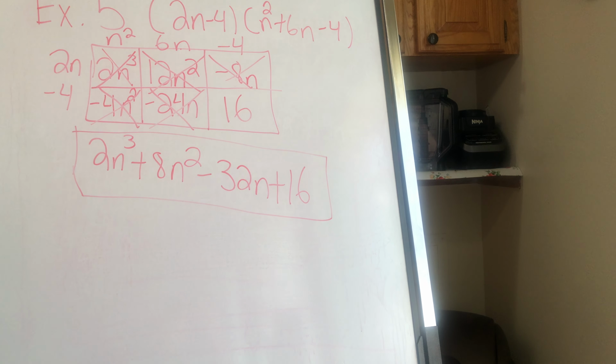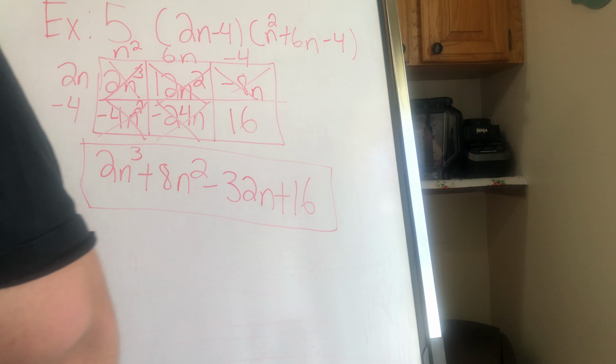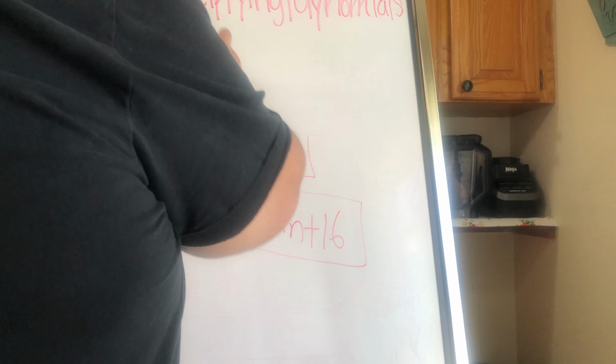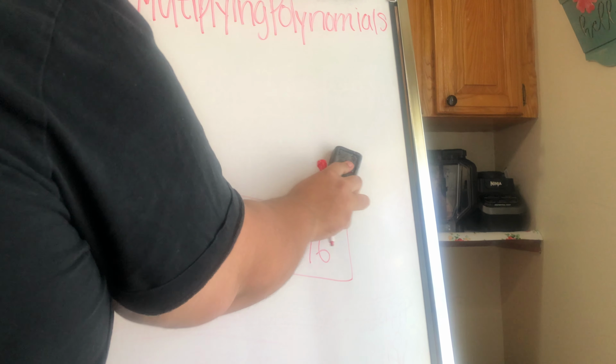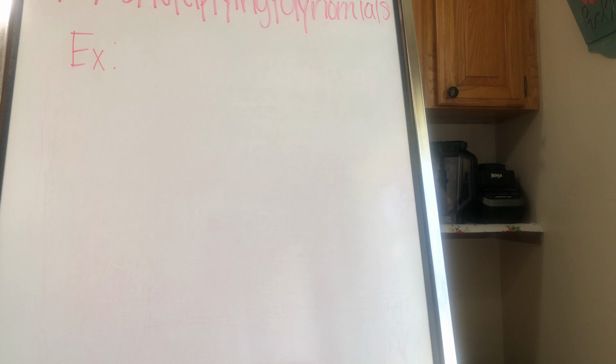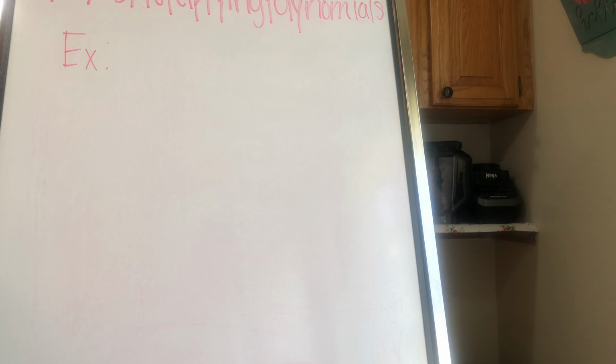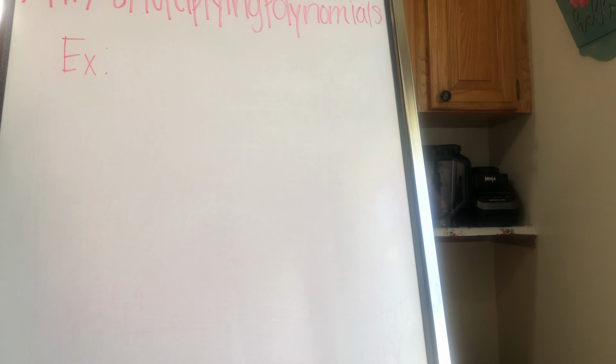And last but not least, example problem number 6. On example problem 6, you're going to get a little bit of these, but it's almost the same thing. So let's begin.